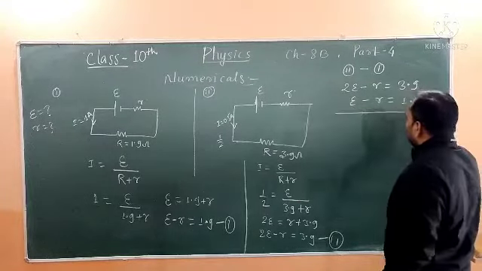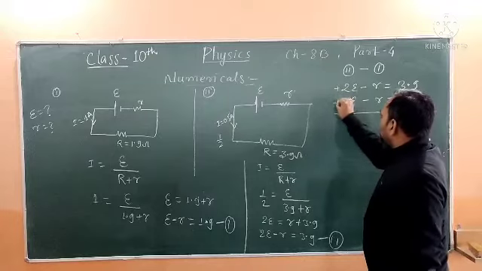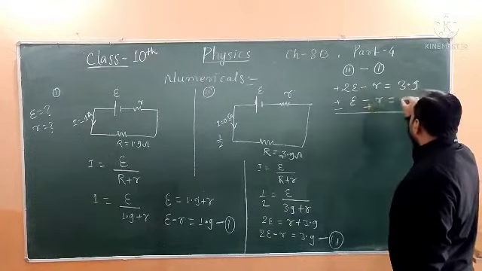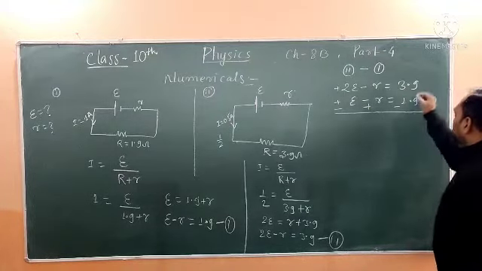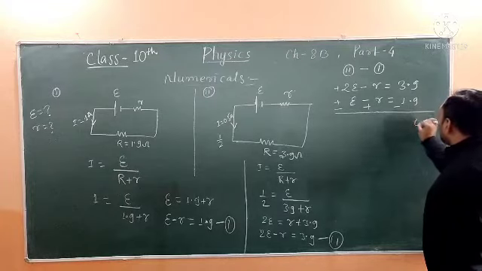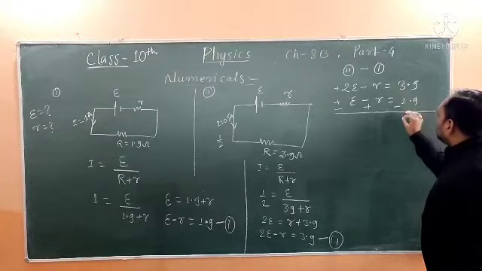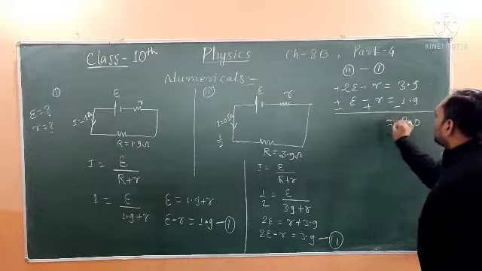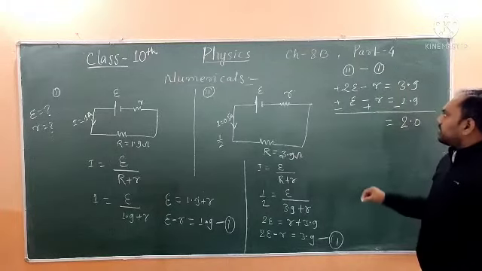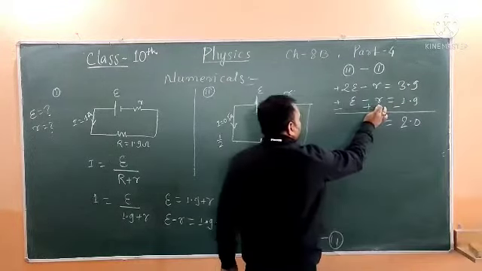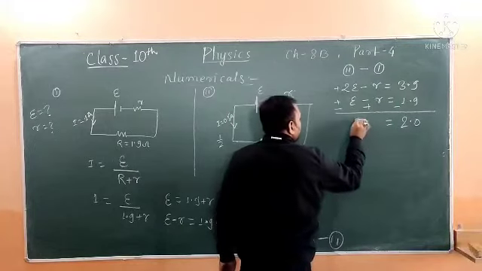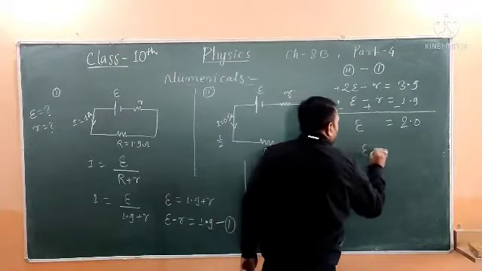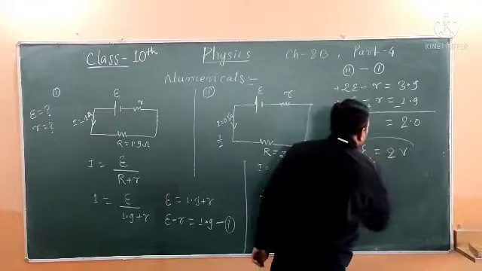If you subtract, plus plus minus plus minus. Okay, what will you get? 3.9 minus 1.9 is 2. r will cancel out, because it will be minus and plus, it will be cancelled out. Epsilon is equal to 2.